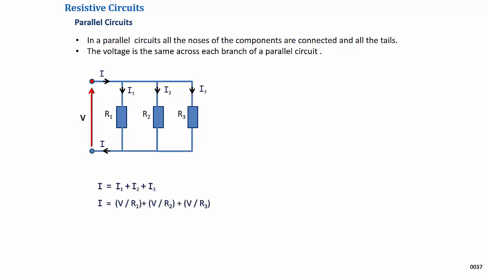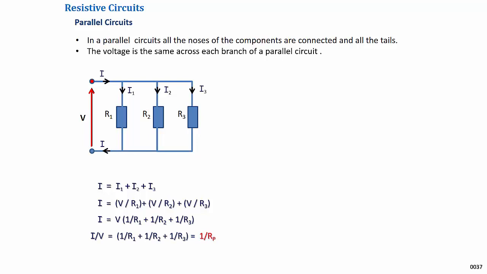Applying Ohm's law and substituting for I1, I2, and I3, I equals V divided by R1 plus V divided by R2 plus V divided by R3. Taking out V as a common factor, I equals V times 1 divided by R1 plus 1 divided by R2 plus 1 divided by R3.